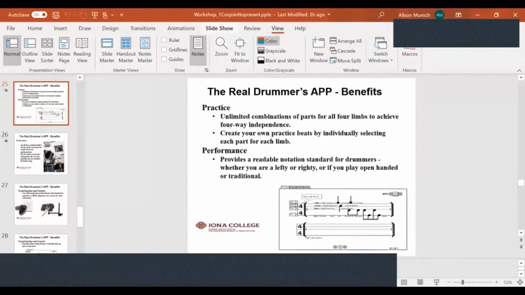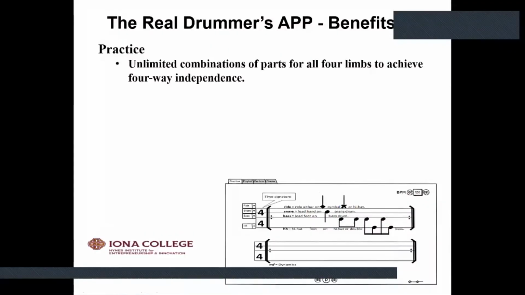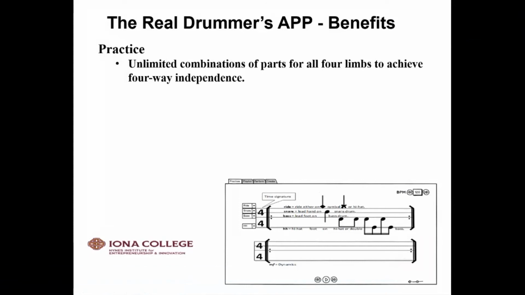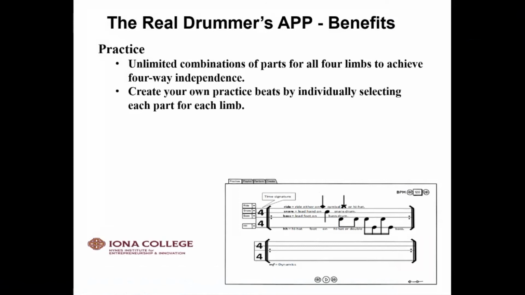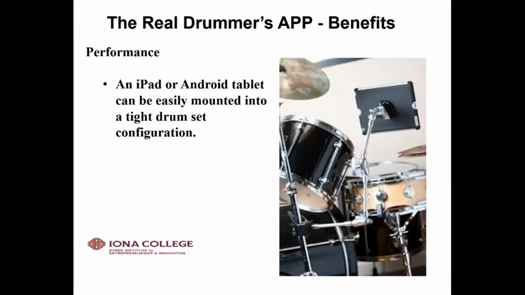With this entrepreneurial idea, he has the ability to have the drummers have unlimited combinations of parts for a way to achieve four-way independence with drumming, which is something that drummers like to be able to do. They like to be able to practice beats individually, selecting each part by each limb. They like to be able to use the music stands for performance and be able to understand the notations.